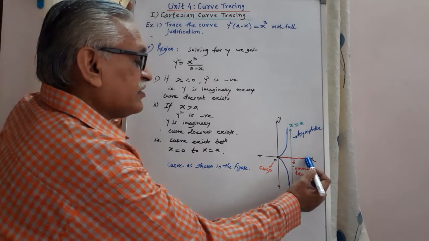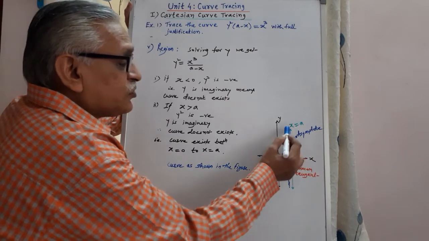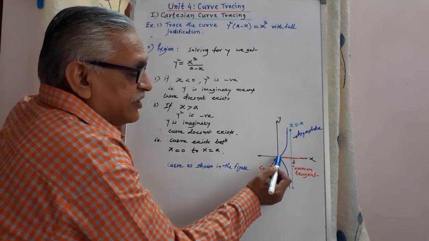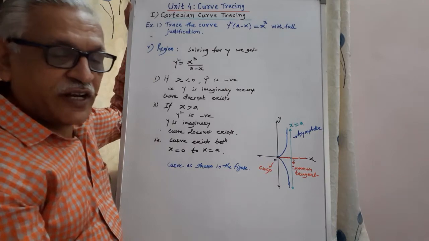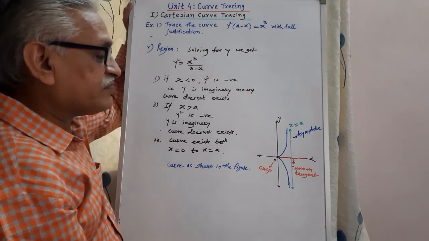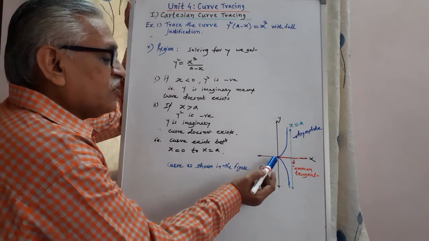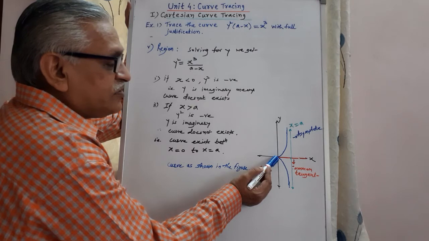X-axis is the common tangent to this. Therefore, to this part, this line become a tangent. Yes, single point of contact. And to this part, the same line is a tangent. Point of intersection, only origin is the point of intersection, no any other point.